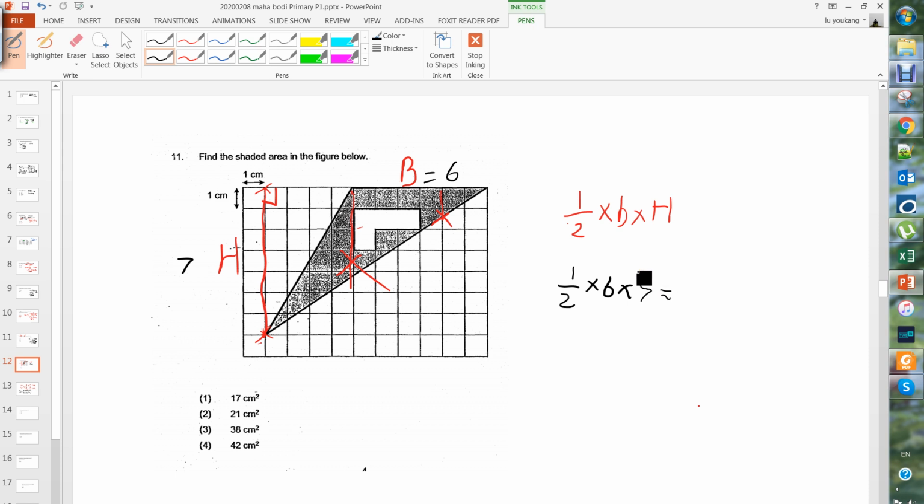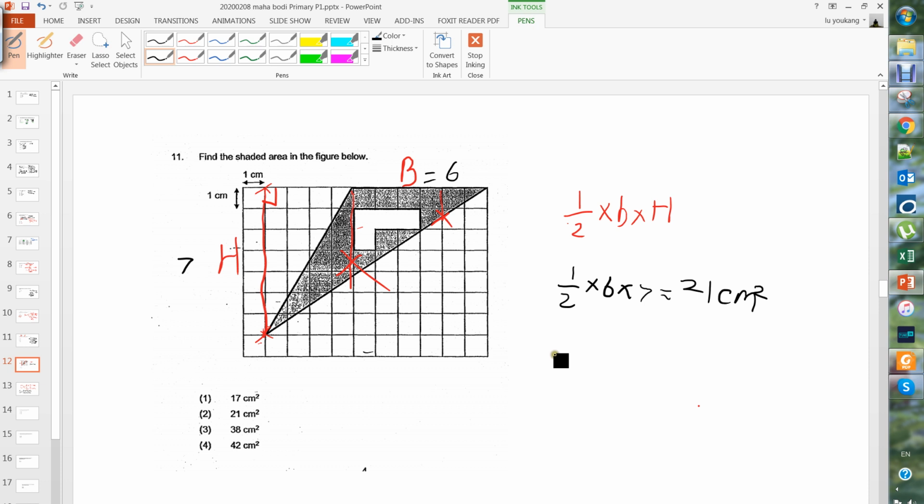Calculator. You need. No need to remind you next time. This is area. Okay, good.